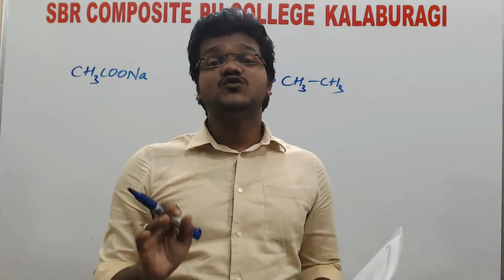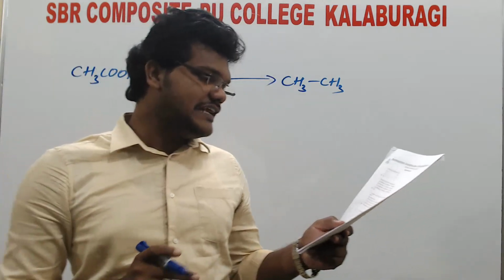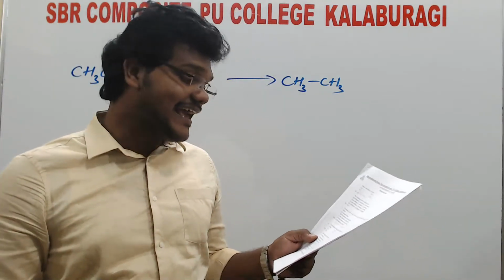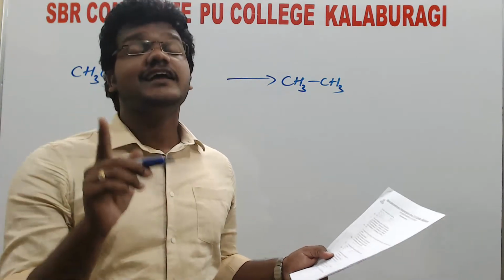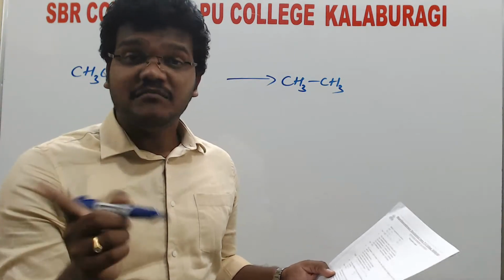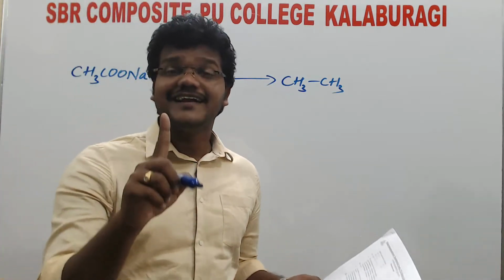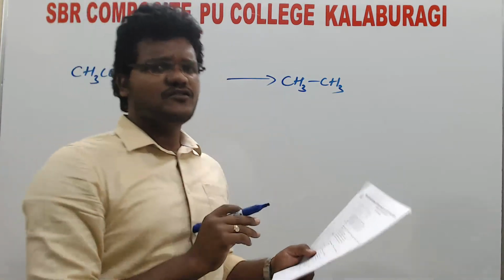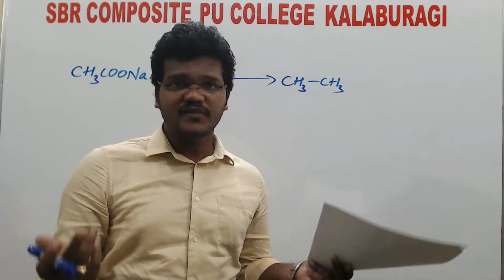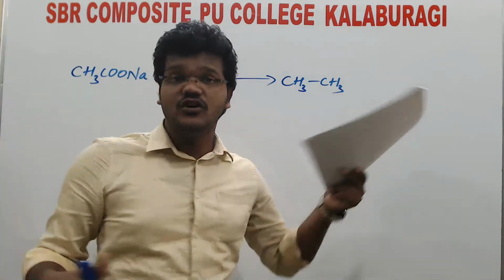Which is the suitable condition they are asking. The first one, heating with lithium aluminum hydride, LiAlH4. Lithium aluminum hydride is a reducing agent, so by using that we cannot convert this into this one.